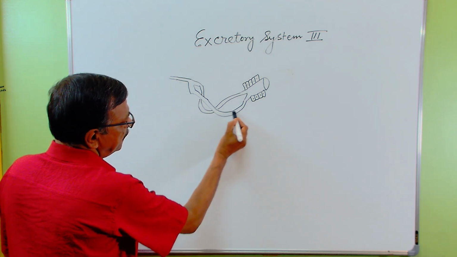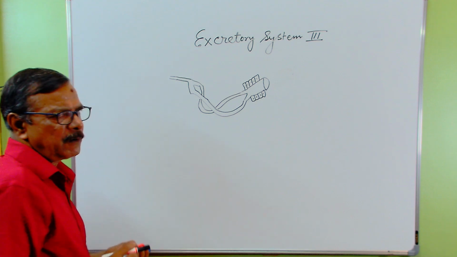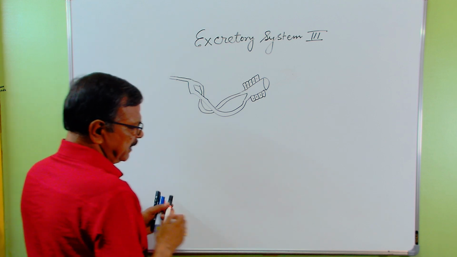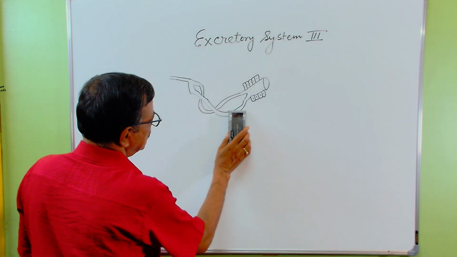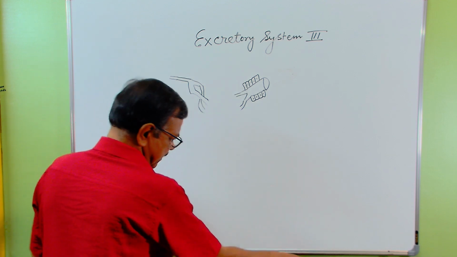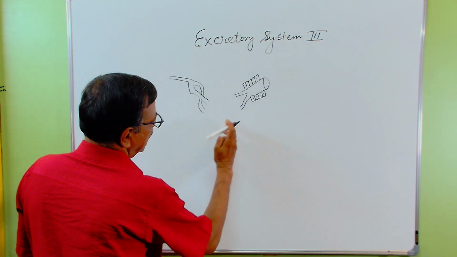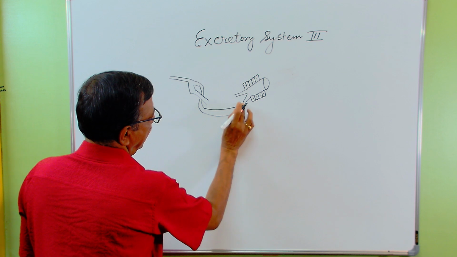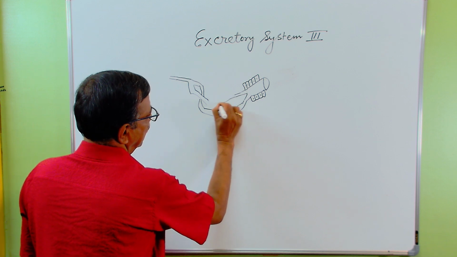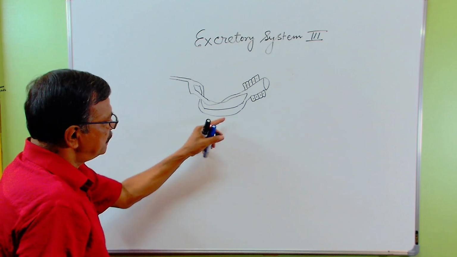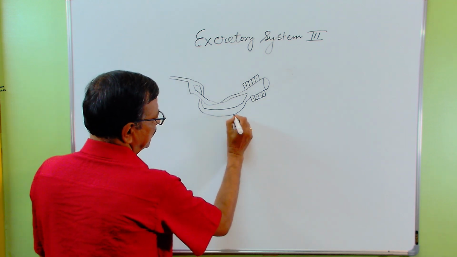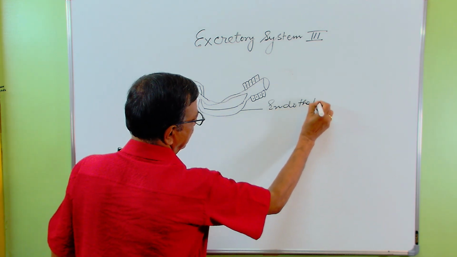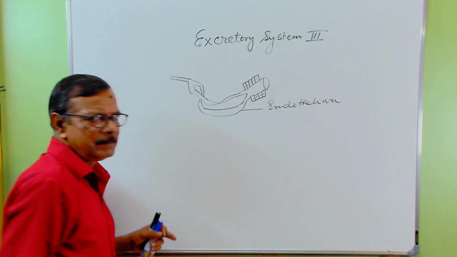Suppose this one is the glomerular capillaries. I am making it a little bigger so as to enable us to understand properly. So these bigger capillaries, this is the endothelium.